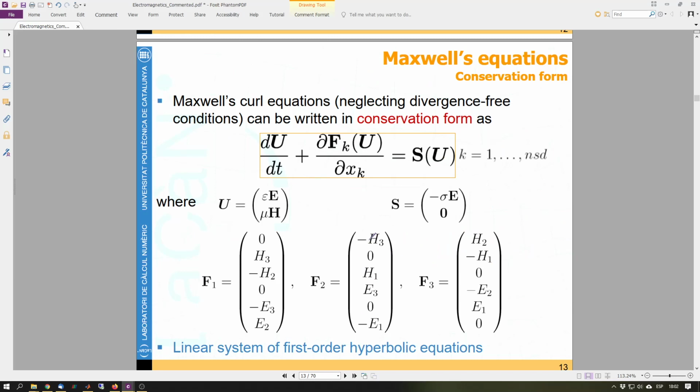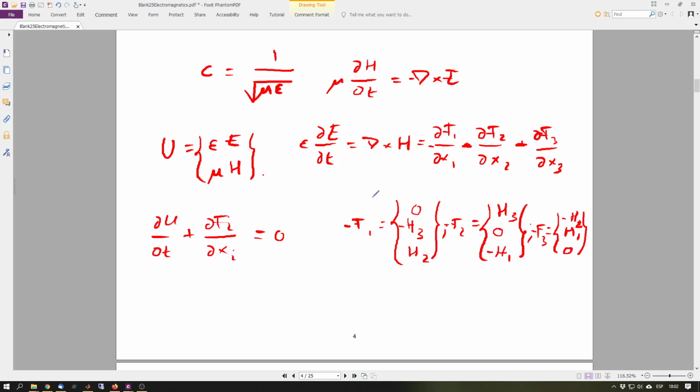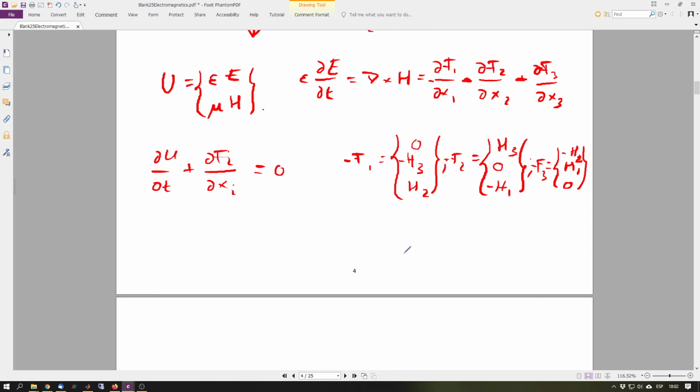So the nice thing of this is that this f is linear. The equations are hyperbolic equations and they are linear. So this can be written as a matrix multiplied by the same u. So we can have as the derivative of u the two components. So f, as we said, we'll have this and the e3 and e2.